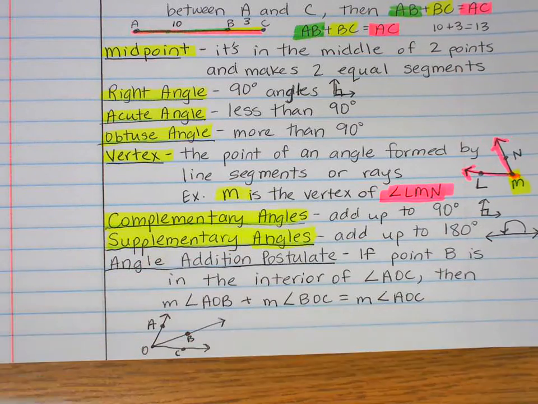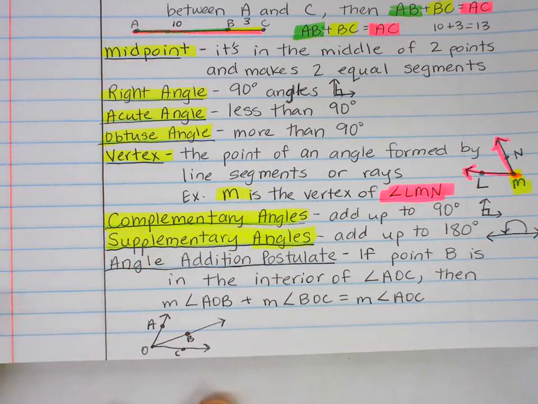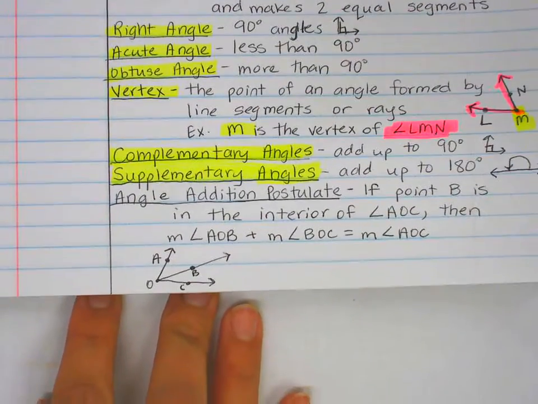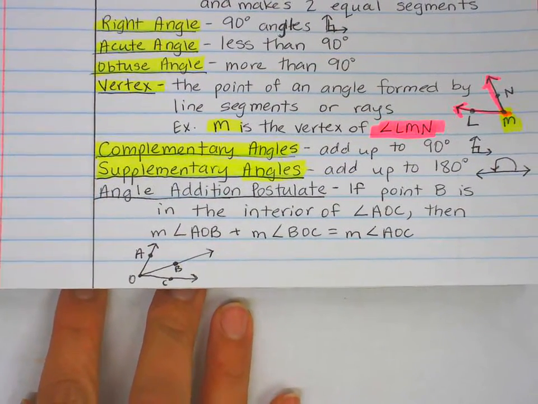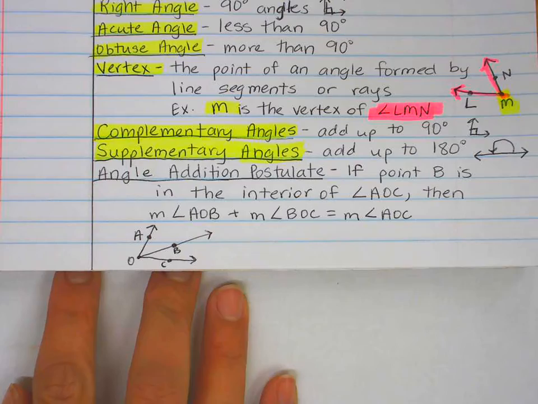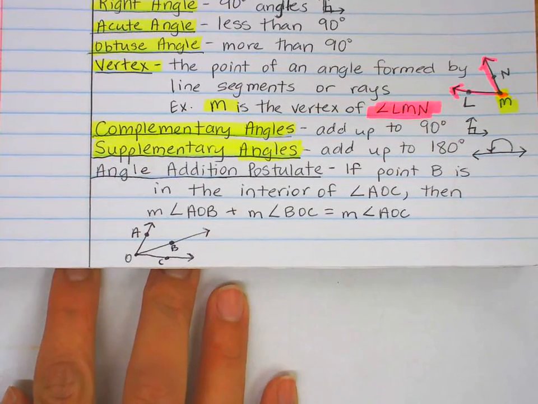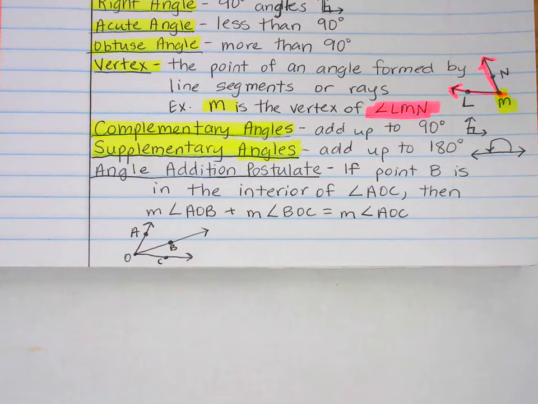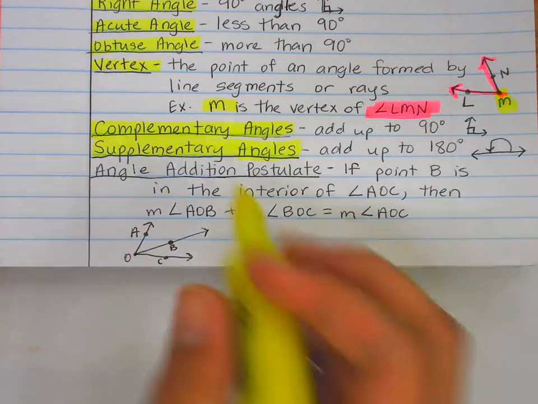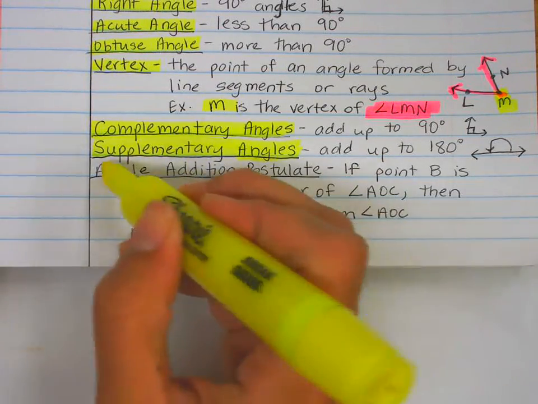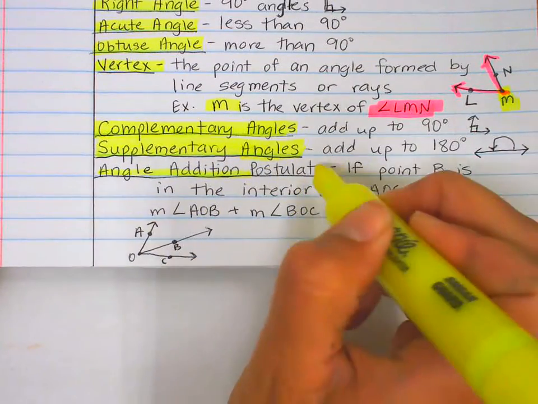All right, and this is the last thing for this page of notes. And whenever you run out of space, just go to the next page. I tried to cram all this into one page. So we have an angle addition postulate. This is really similar to the segment addition postulate above, except this has to do with angles.